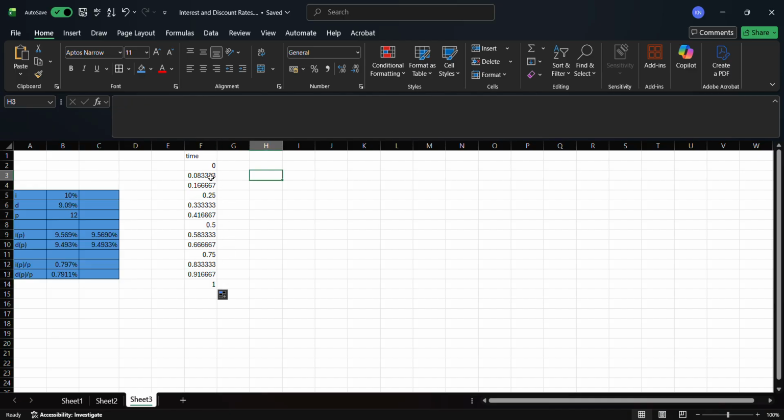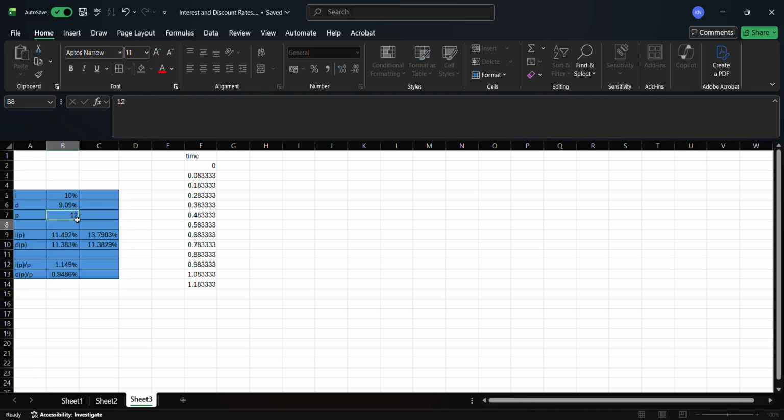Okay. This is a bit ugly. If we had divided our year into 10, it would have looked a bit better, but whatever. We'll work with this, I guess. So this is each 12th of the year.